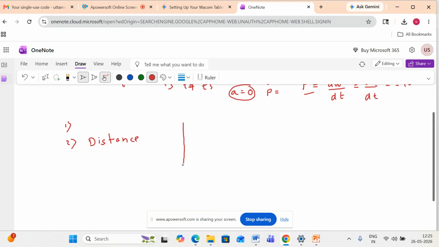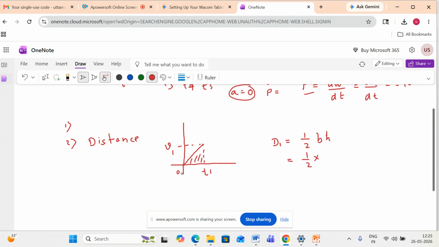I will give you one simple concept. Suppose the vehicle starts from zero, and in time t1, from 0 to t1, the final velocity has reached v1. Now the area under this curve will give you the distance. So distance d1 is the area of a triangle, half into base into height.